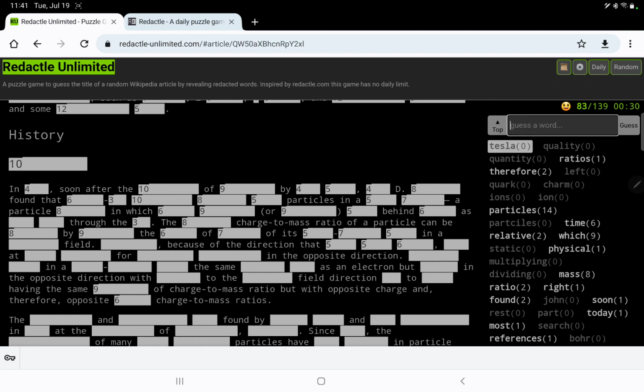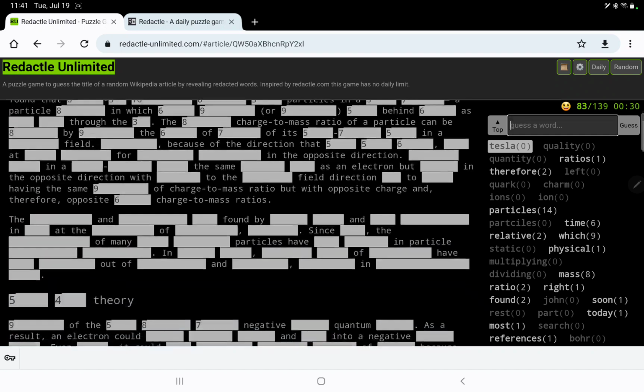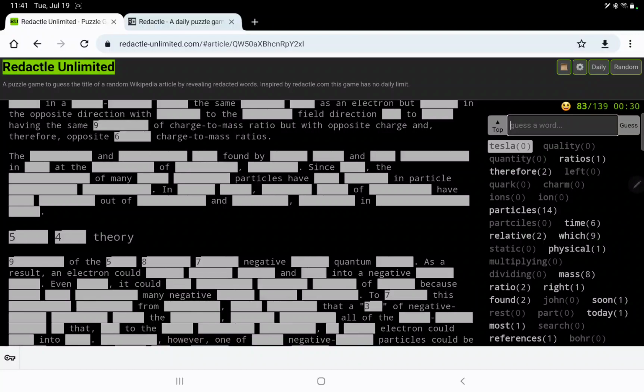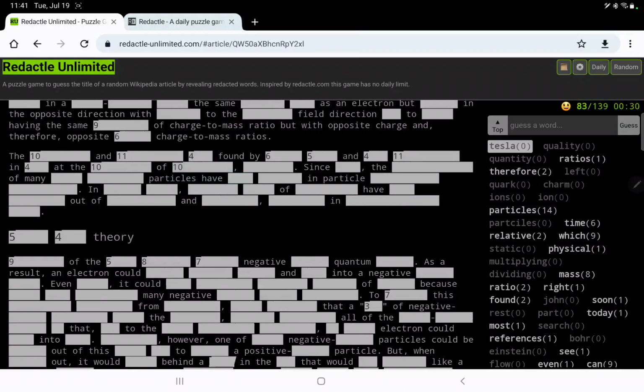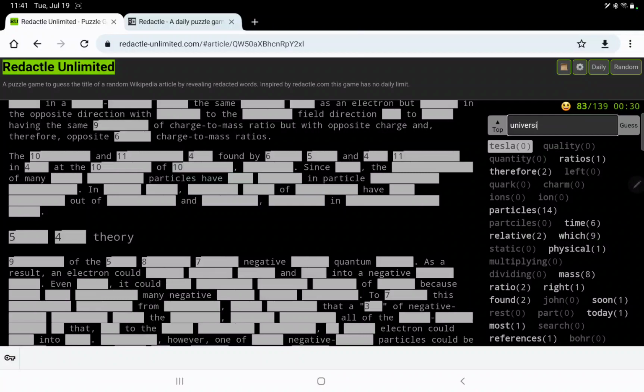How about Nicholas Tesla? No. The 10 and 11, 4 found by someone, and 4-8 in some year at the university.